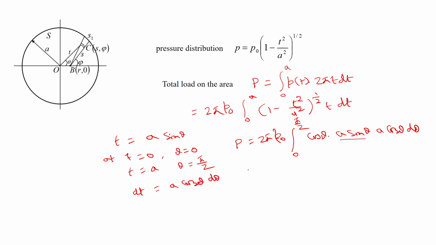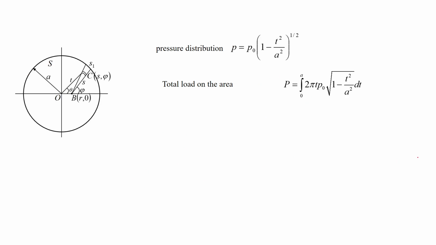So, here then I will have 2 pi p0 a square, and 2 cos square theta is 1 plus cos 2 theta, from 0 to pi by 2, with cos theta d theta. So, let us see.